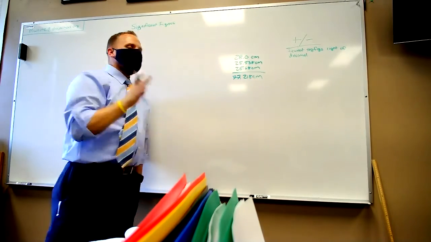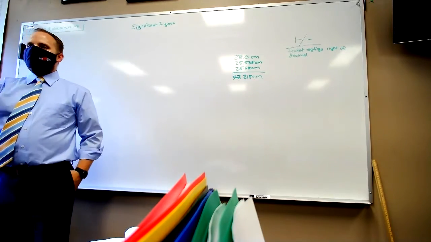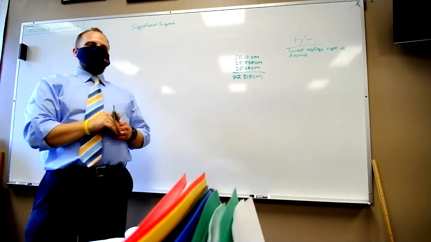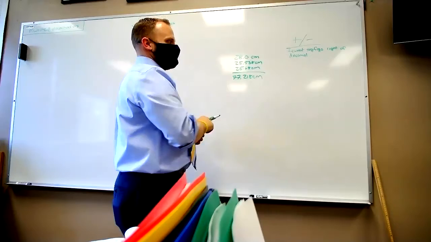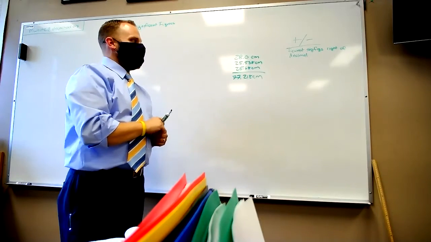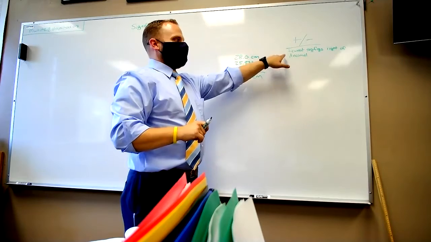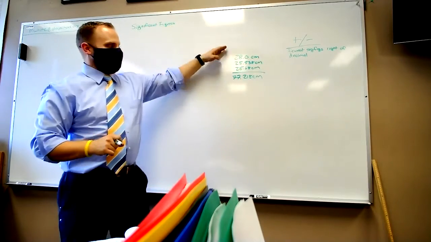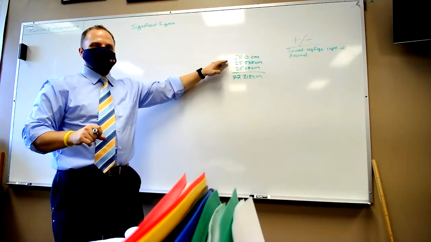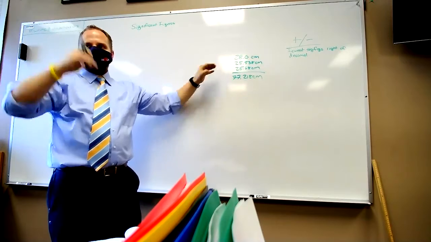Okay, so now we have to decide where should we round this? What is the correct number of sig figs? Okay. And remember, the rule is the fewest to the right of the decimal. So which one of these numbers has the fewest digits to the right of the decimal?